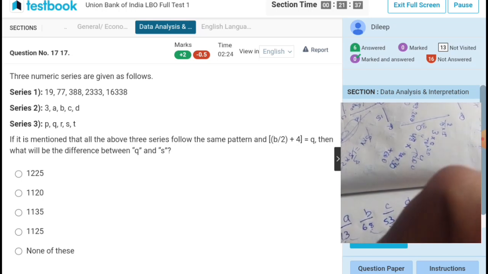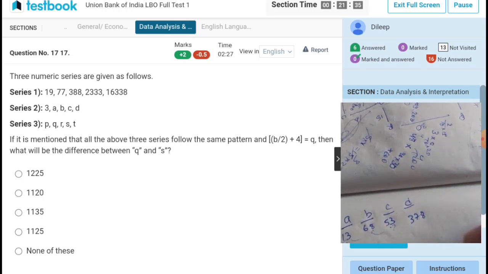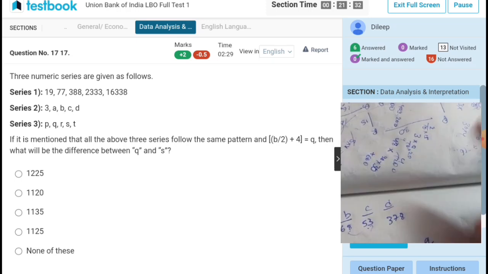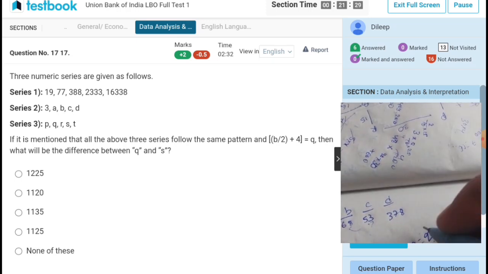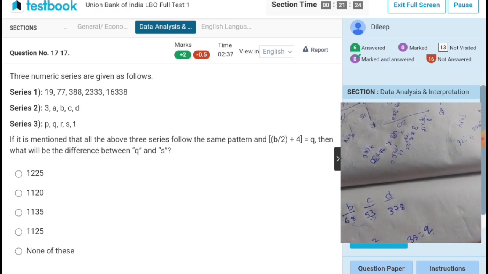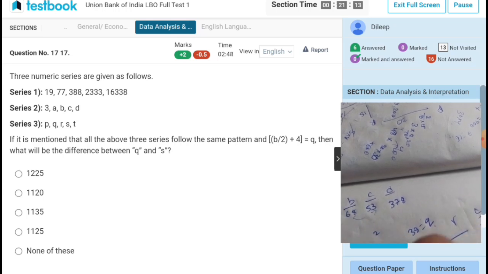B by 2 38 is Q. So here 38 is Q or ST. Into 4 x into 4 plus 1. $38.